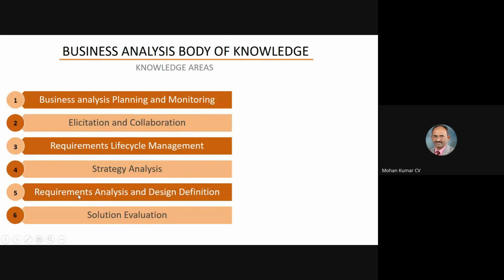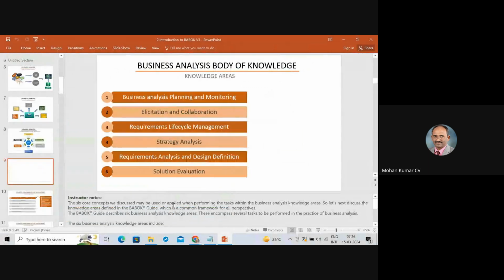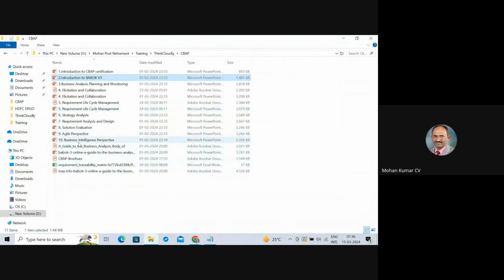We have completed these five; this is the fifth one we are doing. After solution evaluation, we have two more things to talk about: the agile perspective and the business intelligence perspective. We'll just do that and close the entire topic, the entire course rather.